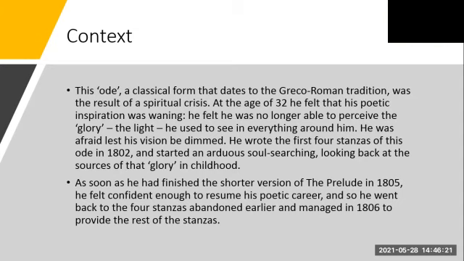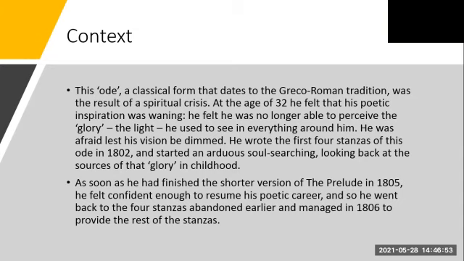What is this crisis exactly? At the age of 32, Wordsworth felt that his poetic inspiration was fading, waning, vanishing, disappearing. He felt he was no longer able to perceive, to feel the glory, the light he used to see in everything around him.